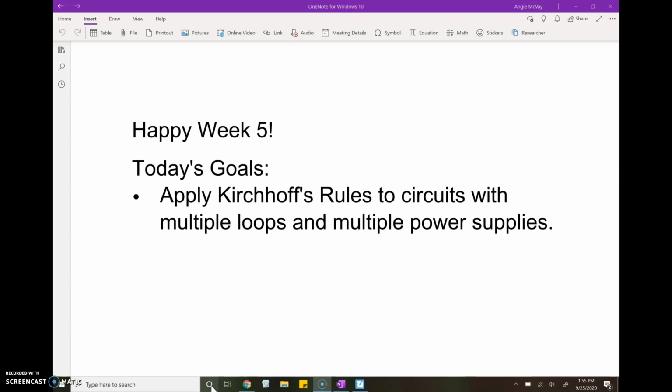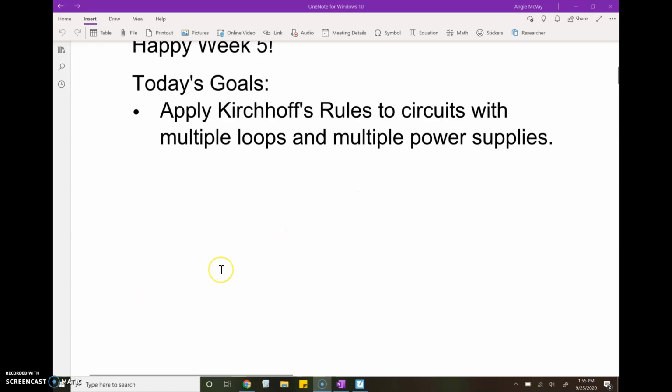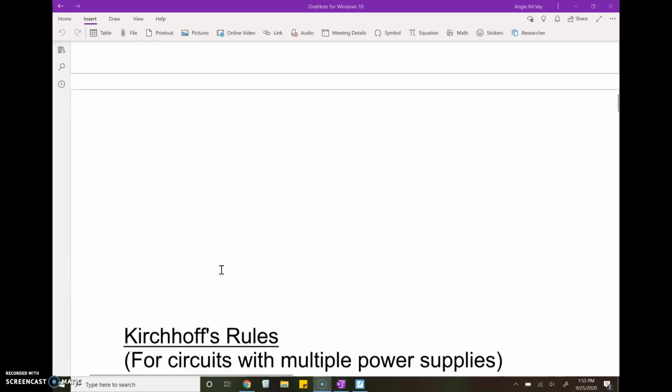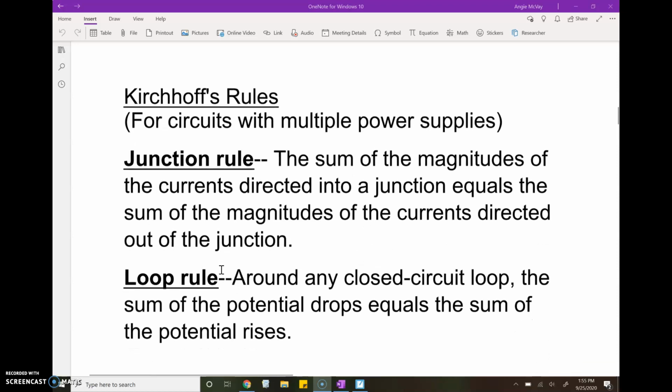Our goals today are to apply Kirchhoff's rules to circuits with multiple loops and multiple power supplies. So again, these are rules that apply not for series circuits, not for parallel circuits, not for complex circuits, but for circuits with multiple power supplies.